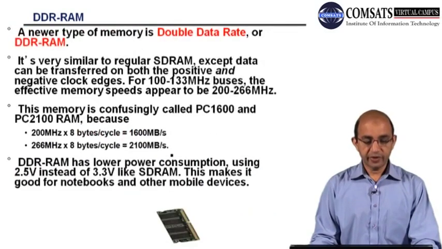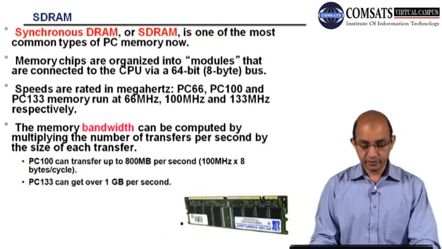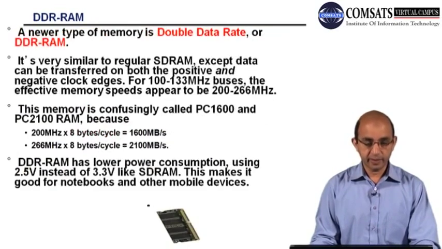Okay, then we have another sort of memory, DDR-RAM, that is double data rate RAM. Those are smaller in size; this one is for PCs and this one is for laptops. So why do we call it double data rate? Because it can transfer data on both the negative and the positive clock edge.